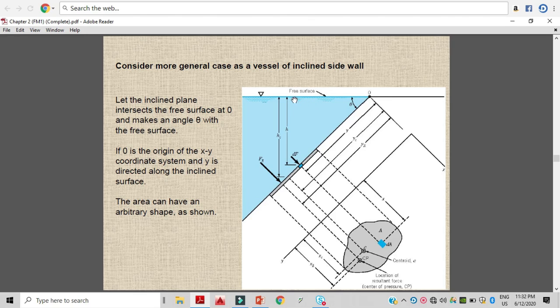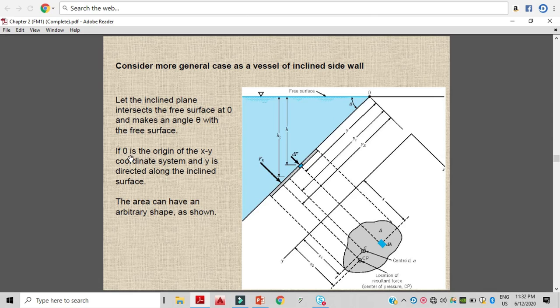Free surface is a surface where there is no shear force when the fluid is at rest, and there is only one force acting on the free surface, that is the normal pressure. So here the plane is intersecting and making an angle theta with the free surface.